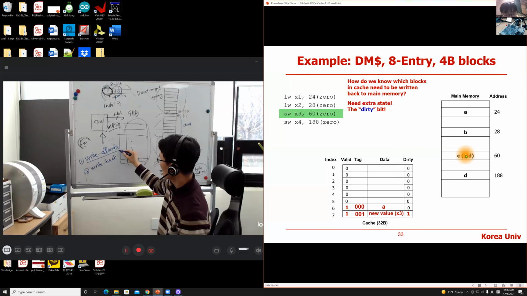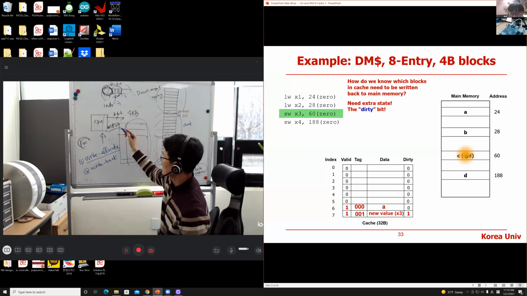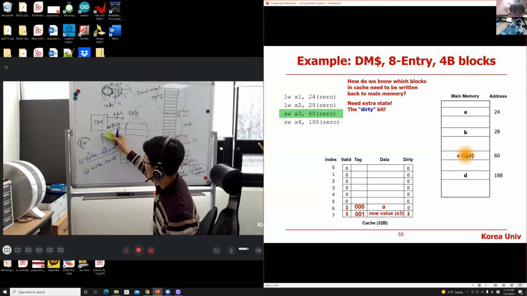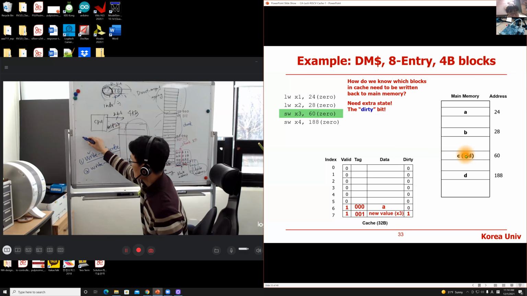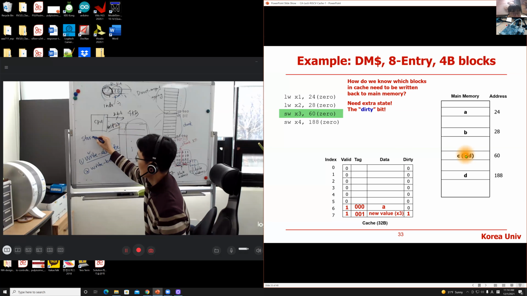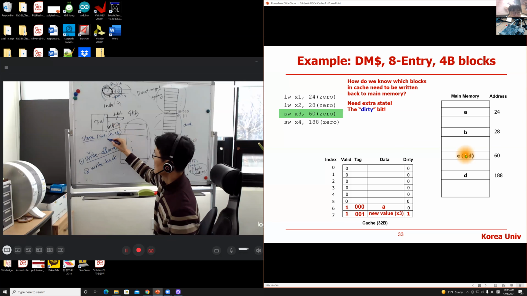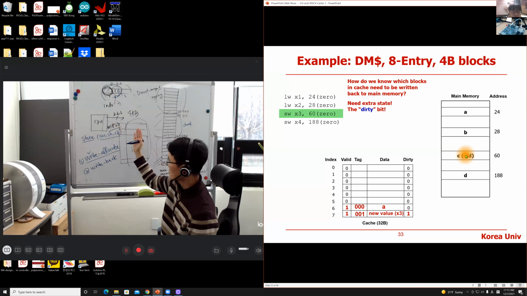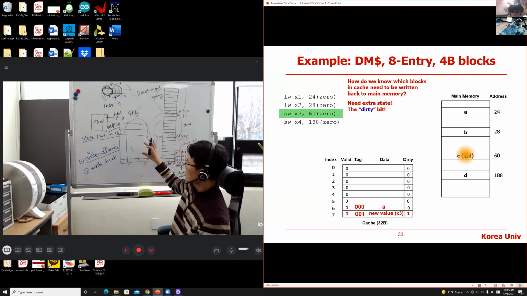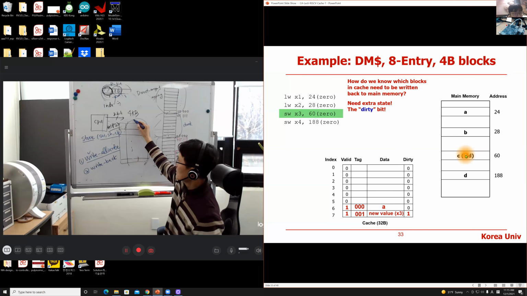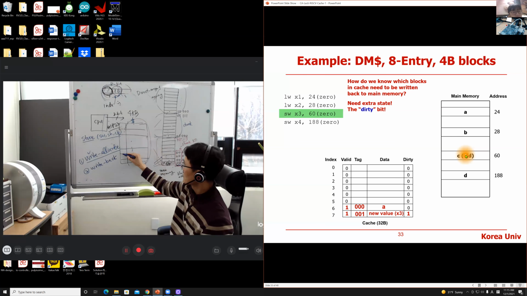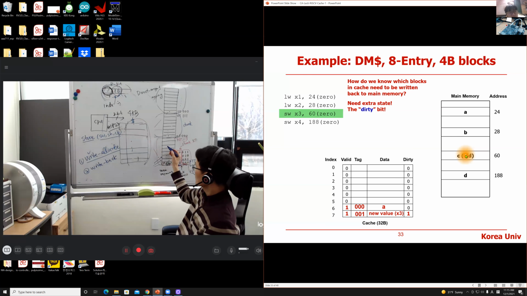Write allocation means that on a write operation, meaning the CPU is executing a store instruction, a memory update instruction like SW, SH, or SB in RISC-V, you search the cache, then a cache miss happens. The cache does not have the information. Then what should happen? Do you want to bring in new data? Do you want to allocate that memory block to the cache first, or not allocate?